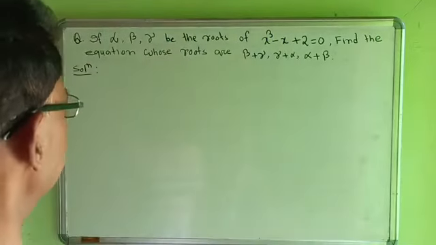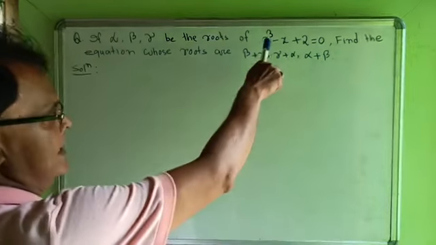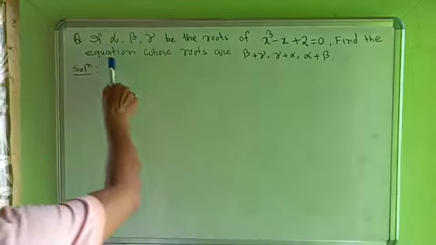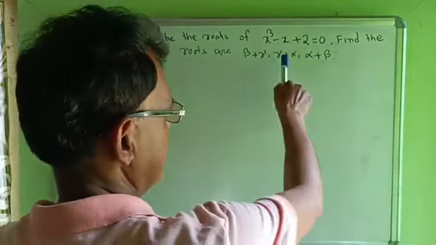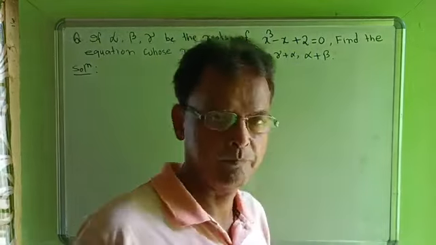Here the question is: given alpha, beta, gamma be the roots of the equation x cube minus x plus 2 equal to 0, find the equation whose roots are beta plus gamma, gamma plus alpha, alpha plus beta.